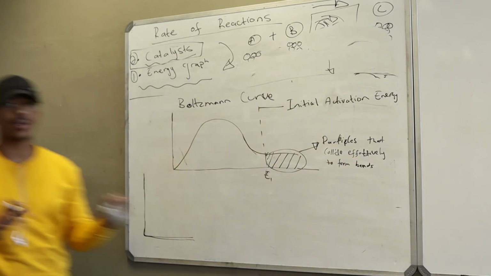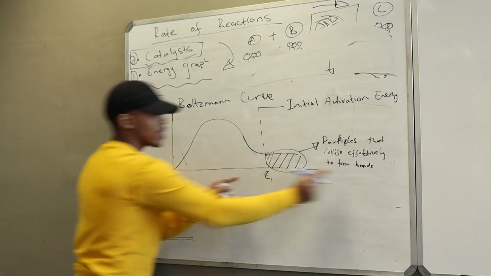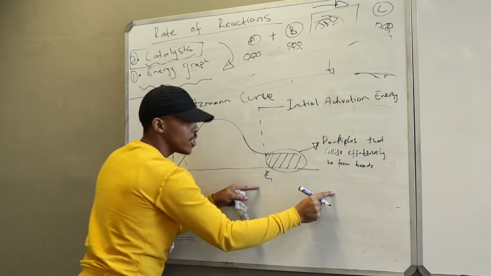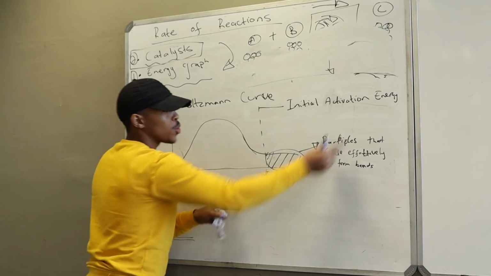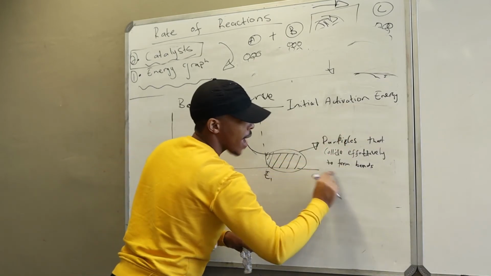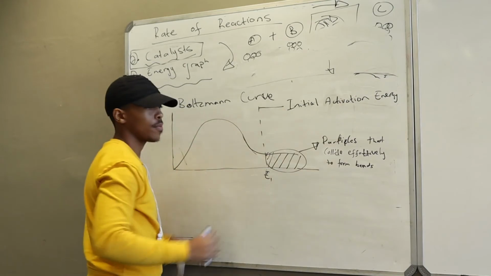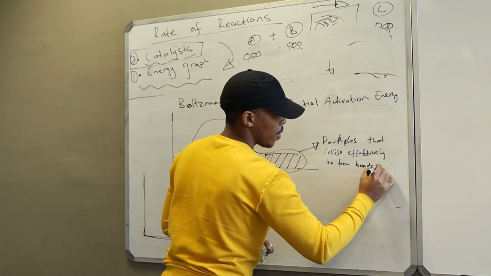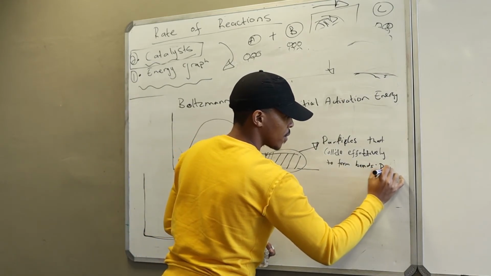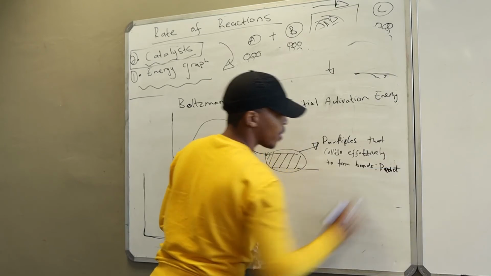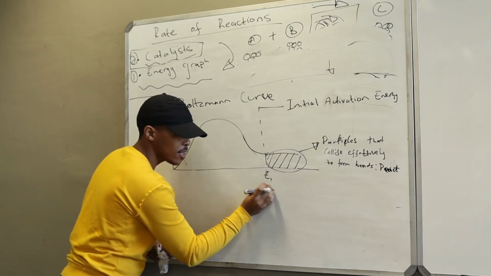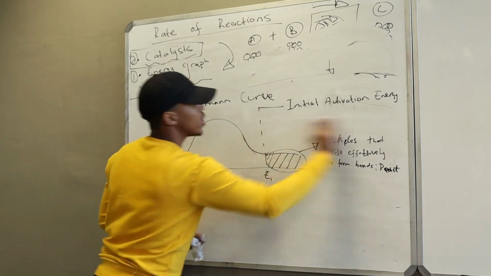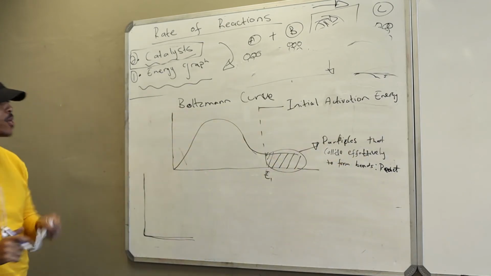So these particles have sufficient energy to collide effectively and form chemical bonds. Bonds, what do I mean by bond? React. These are the particles that will react, only at this temperature and beyond. Initial activation energy. This is the Boltzmann curve.